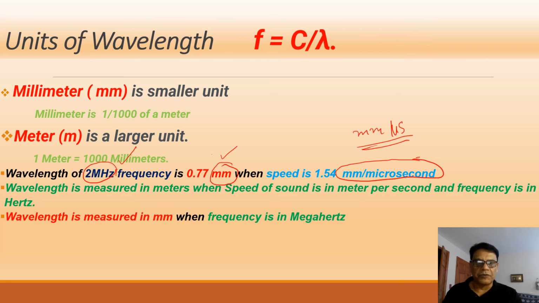If you change the units, that you convert the wavelength from millimeter to meter and frequency from megahertz to hertz, so speed of sound will be changed from millimeter per microsecond to meter per second.